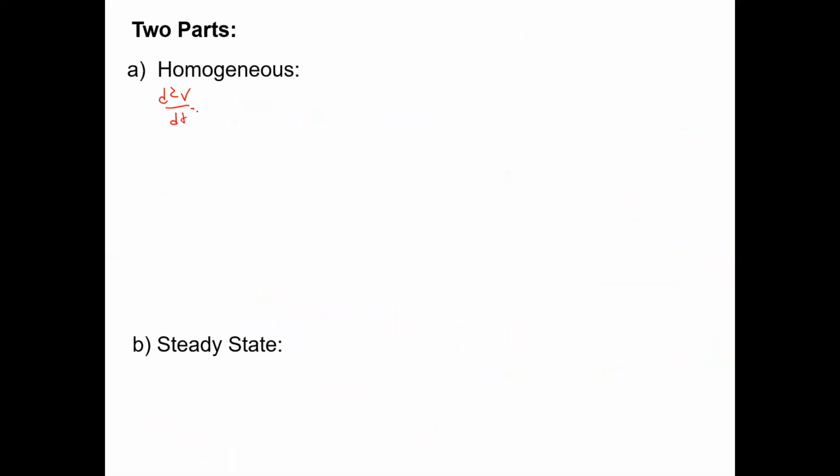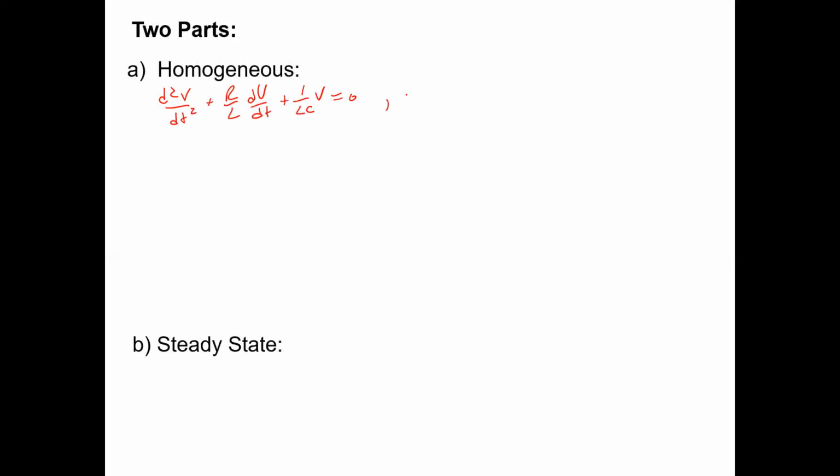Sort of have seen this before, except it was in terms of i. It's the same thing. You get v of t equals A e to the st. You get the roots and all that stuff. It's the same s1, s2.